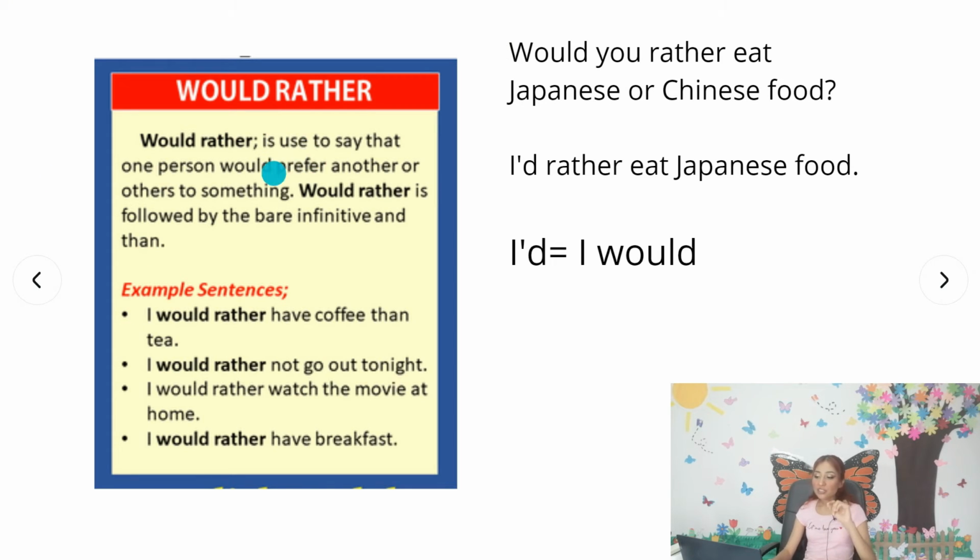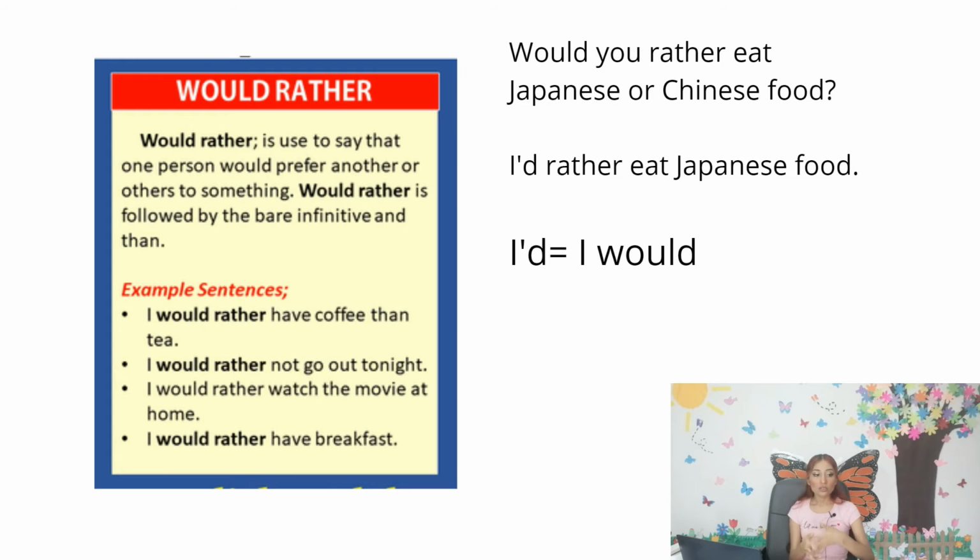Would rather is used to say that one person would prefer one thing to another. Would rather is followed by the verb infinitive than. Okay, so check it out. Example sentences. I would rather have coffee than tea. Okay, so for example, let me explain it better. Would rather is used when you have two options or more options.